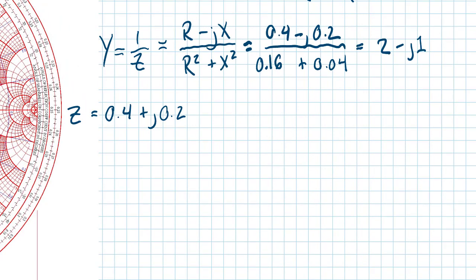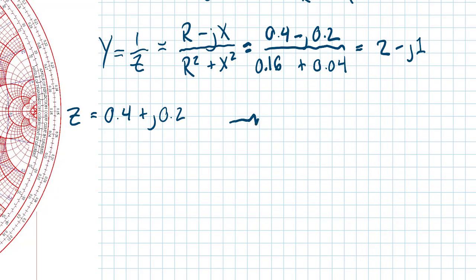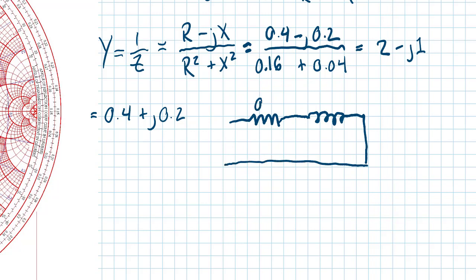So if we're given an impedance, its simplest circuit description will be a resistance in series, and since we have a positive reactance, it's going to be an inductor. And in the normalized terms, the resistance is 0.4 ohms, and the reactance, as we said, is j0.2.